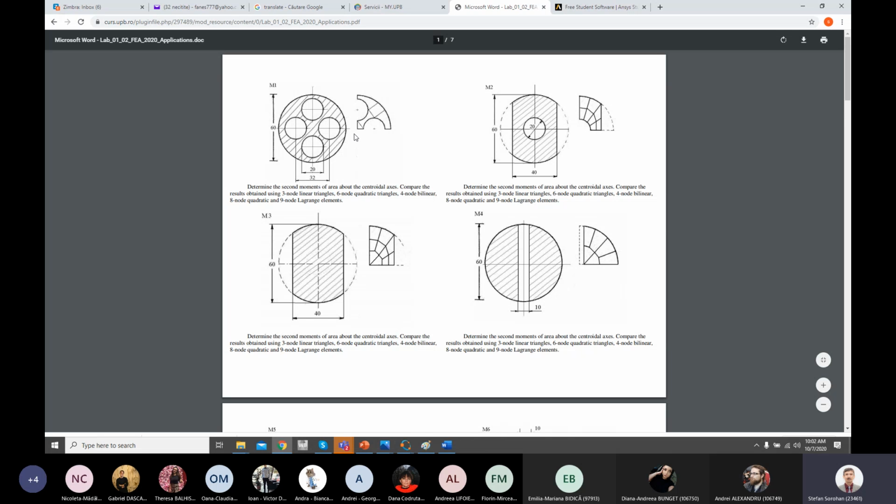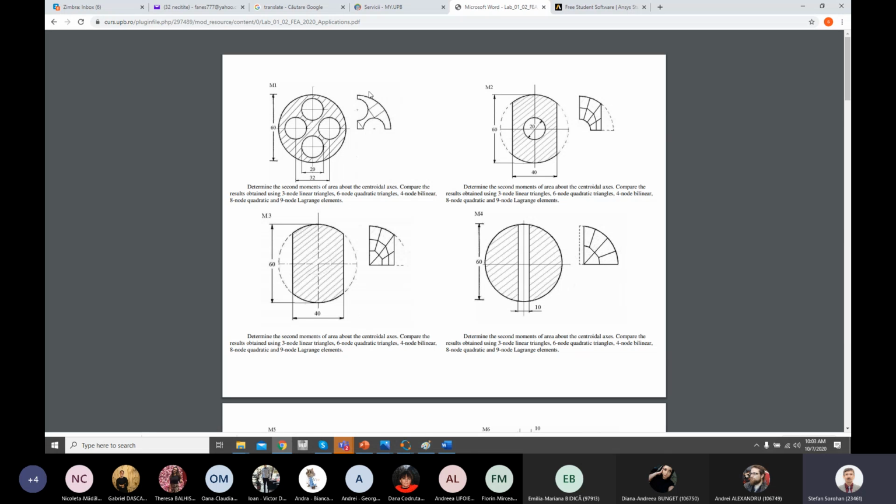If you want, due to the double symmetry, you can take, for example, for the first application, just this first quarter. It is better to work on the complete cross-section, but if not, you can start with a small part, which is a quarter in this case.